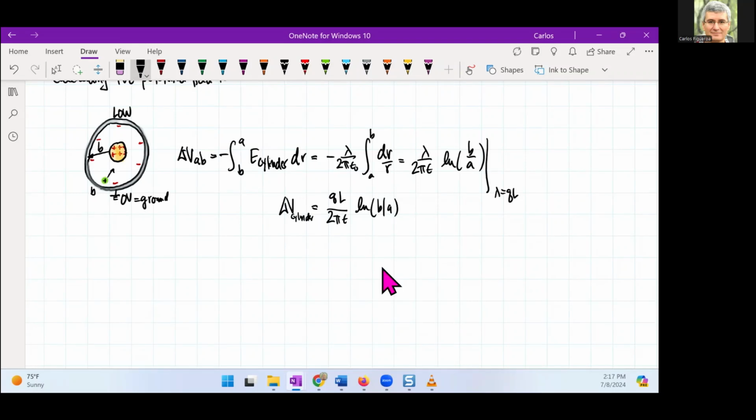So now let's go calculate the capacitance. The cylindrical capacitance comes from the same equation.